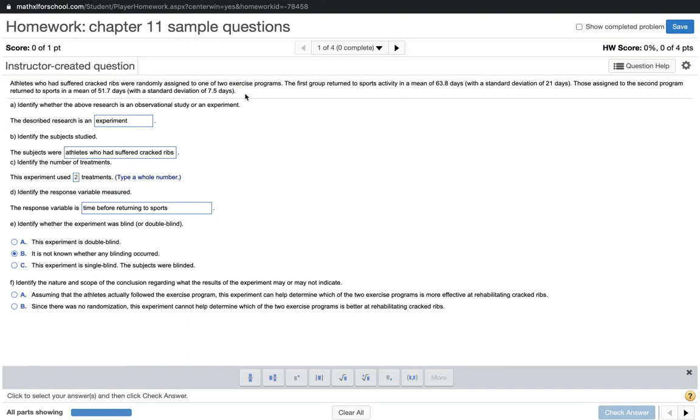So we know that there was randomization. So B cannot be the answer. It has to be A. Assuming that the athletes actually followed the exercise program, the experiment can help determine which of the 2 exercise programs is more effective at rehabilitating cracked ribs.